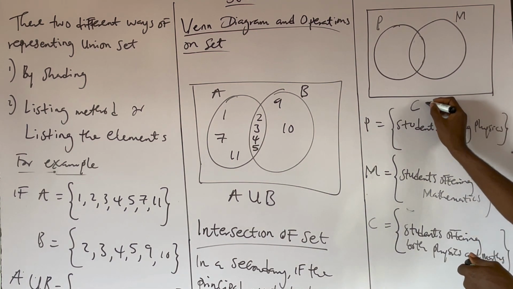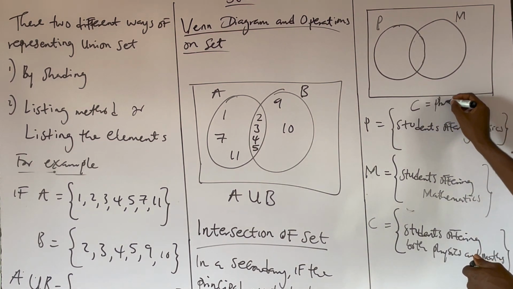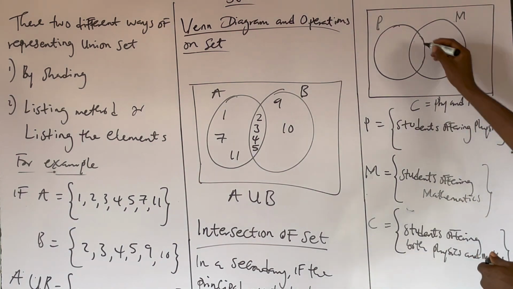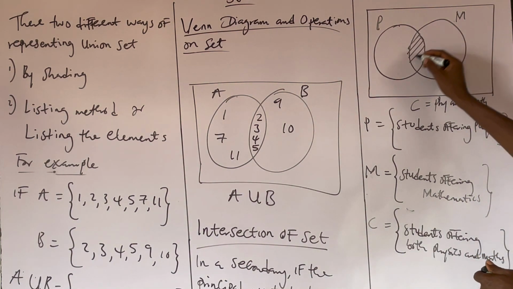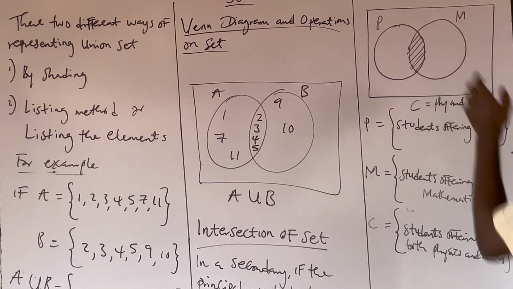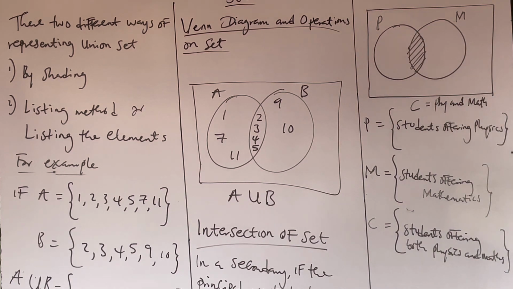So that is C equals to physics and maths. That is intersect. Did you understand now? That's why we shaded it. So what is intersect then? Intersect now is trying to know the bond between two things, unlike union set.